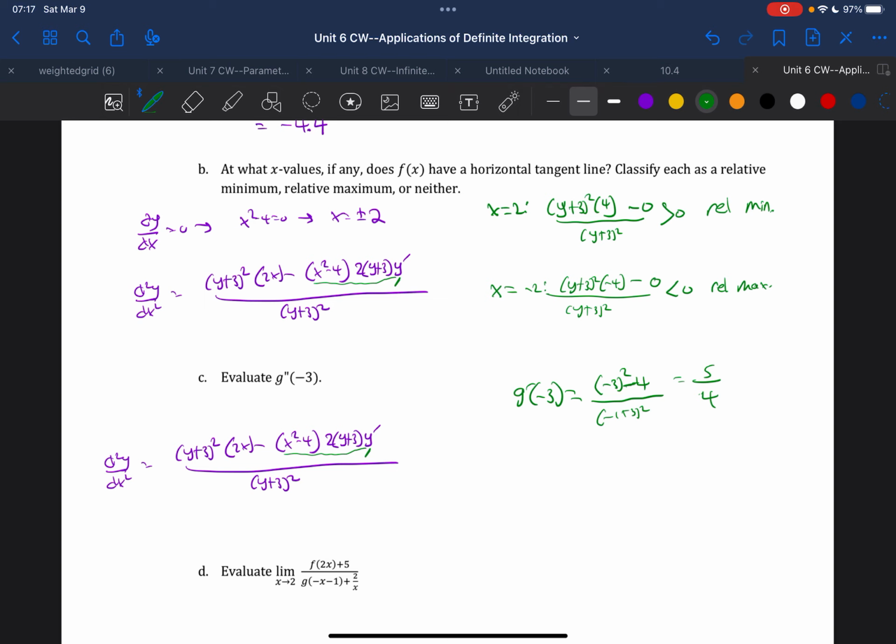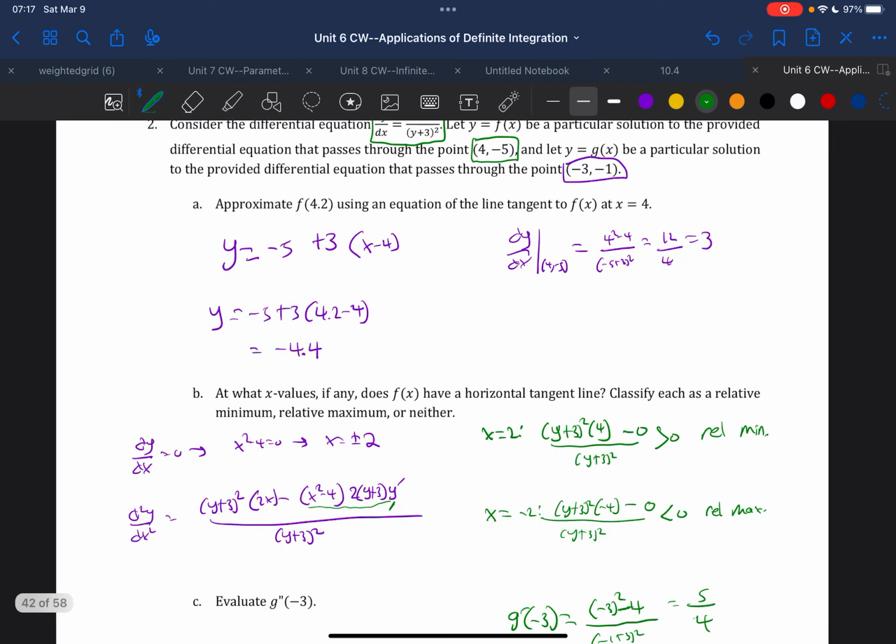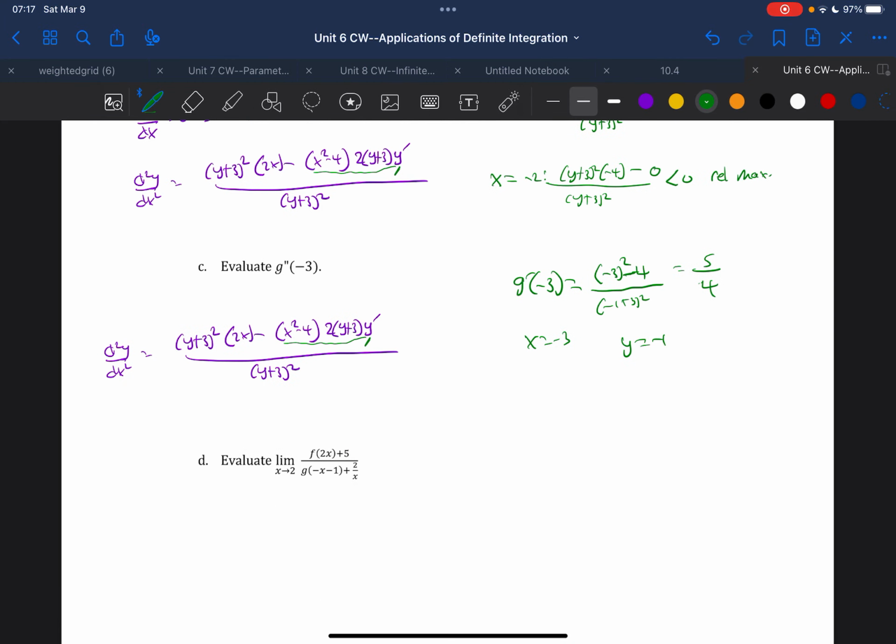And so that's y prime, and x I know is -3, and y I know goes to the point (-3, -1). Y is -1, so I can plug in now. So I have (y plus 3) squared, so I get -1 plus 3 is 2 squared, times 2x, which is -6, minus (x squared minus 4), that's 9 minus 4, times 2 times (y plus 3), which is -1 plus 3 is 2, times y prime, which is 5/4, all over (y plus 3) squared, which is 2 squared.